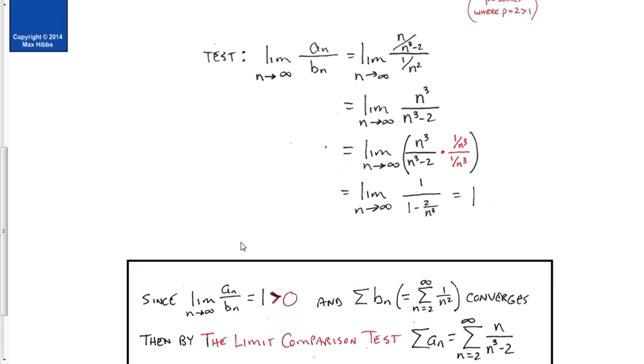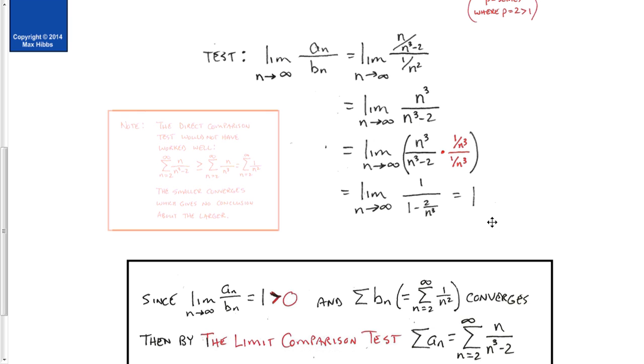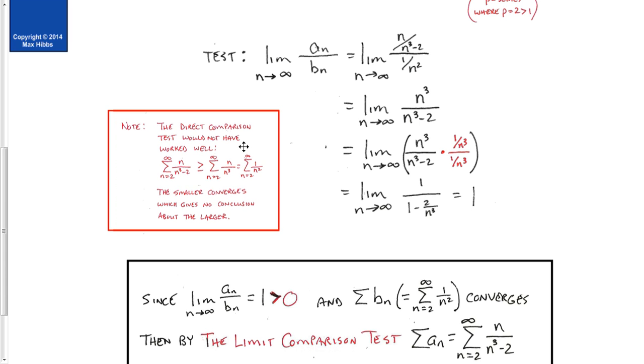And you might say, well, why didn't we just compare the two series directly? And here's the reason. The direct comparison test would not have worked well here, because in this case, about all I could do is replace that denominator with just n cubed.